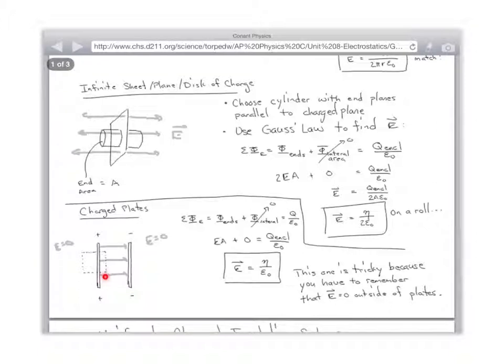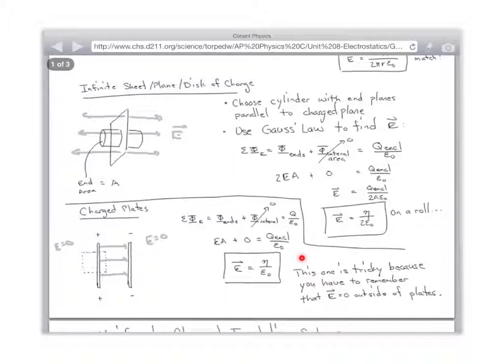Therefore, the area of this little piece is A, the electric field at that little piece is E, and EA has got to equal charge enclosed over epsilon naught. Therefore, the electric field is going to be charge enclosed divided by area, over epsilon naught, and that's eta.